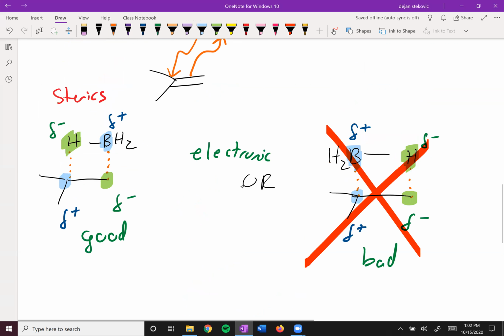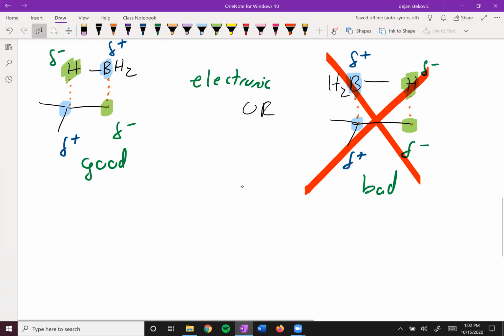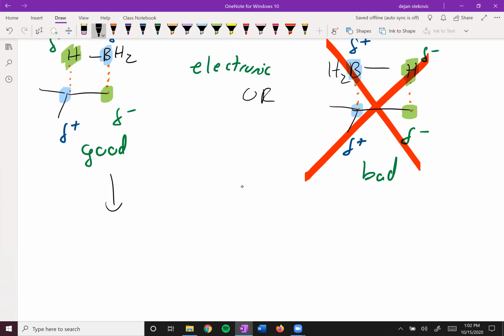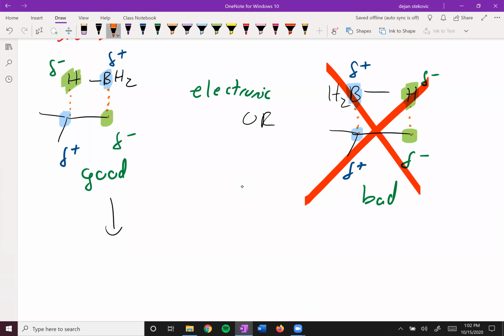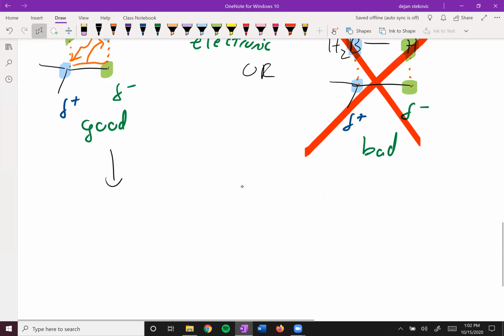And so what happens is we get the borane attached to our less substituted position. Right, and so there's kind of an intermediate or a transition state, depending on how you look at it. But basically what's going to happen is we have this double bond here. It's going to attack this boron, and then this bond right here is going to attack over here.